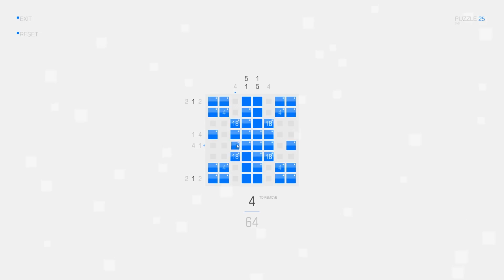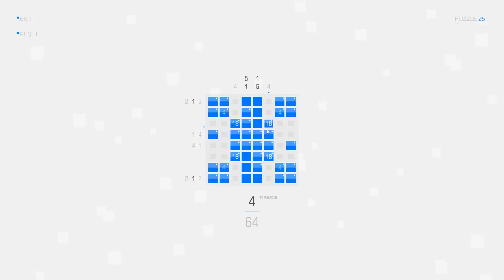So that's 16 squares that are in this group. Yeah, 16 squares. I have left 1, 2, 3, 4, 5, 6, 7, 8 squares on the board. I need to remove 4 squares, so there's 4 squares that I have to put in also. And remember, I have 16 squares in this group, so I can only add 2 more squares.